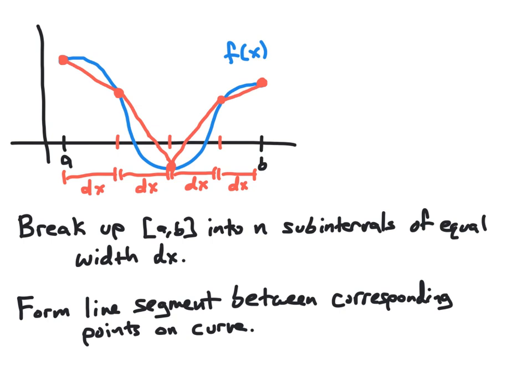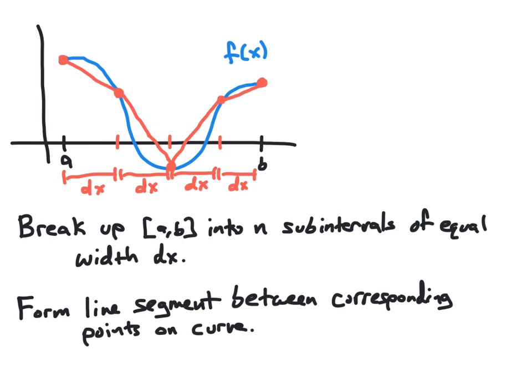Now, obviously, those are not exact values. The line segment and the curve are going to be slightly different, but it is a decent approximation for the length of that curve. The nice thing about using line segments is, as we've already seen, we can easily compute the length of that line segment.